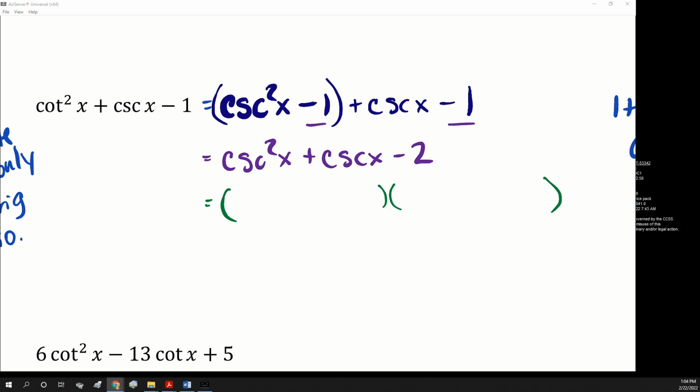And then I'm going to factor this just like a normal trinomial. So what I put here and here needs to give me cosecant squared of x. So what do y'all think? Cosecant and cosecant.